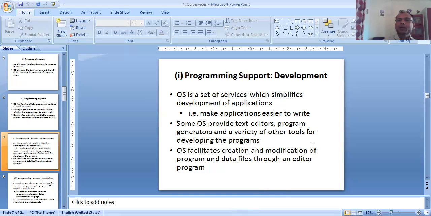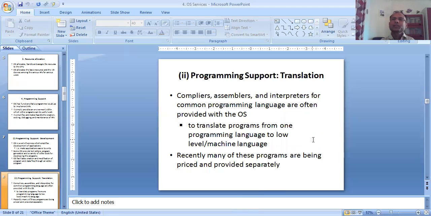Second, in this programming support is the translation. So as we know, once a program is written, it requires the translation. Program is written in user-friendly language, and most of the time it will be the high-level language. So this high-level language requires its translation in the format which a CPU can understand.